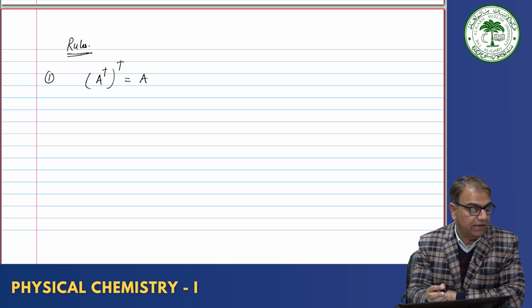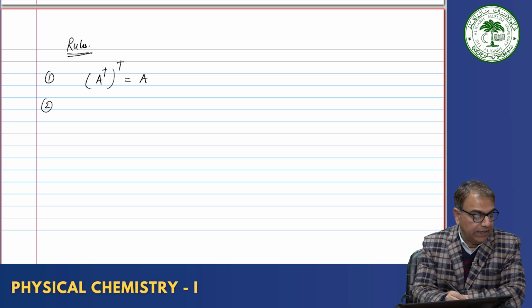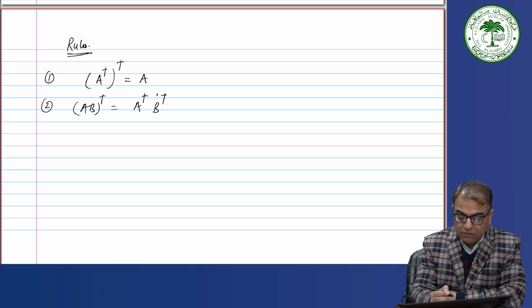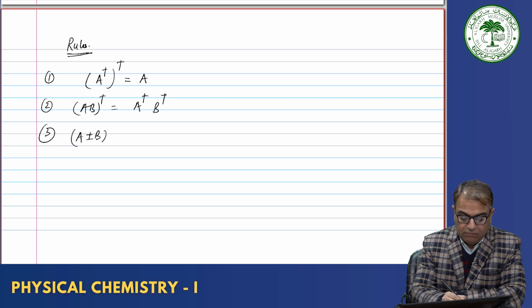If you take the dagger of A dagger, that's equal to A. If you take AB dagger, then it is equal to B dagger multiplied by A dagger. Third, A plus minus B dagger is equal to A dagger plus minus B dagger.